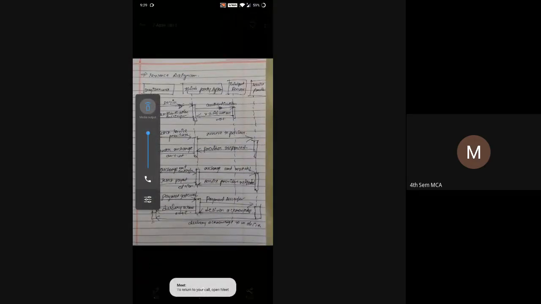Starting with registered user, next third party system, next third party service, and service provider. The registered user tries to log in, and that login request will go to the third party system. Authentication will go to the server, to check whether he is a valid user or not. If he is a valid user, it will respond to the third party service, and then show authentication successful. So registered successful means login.